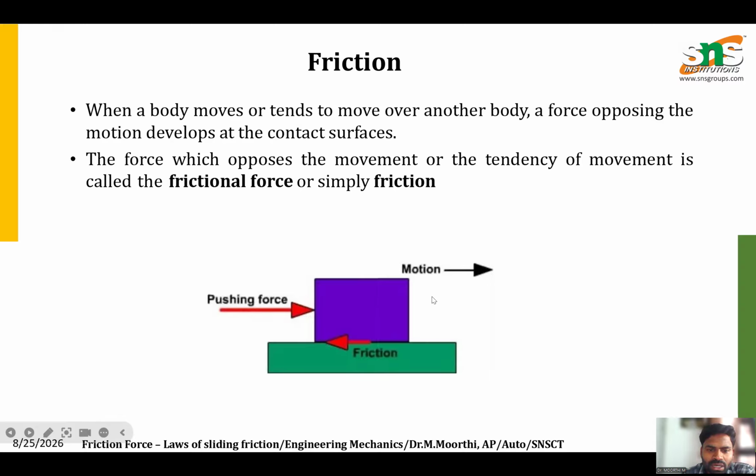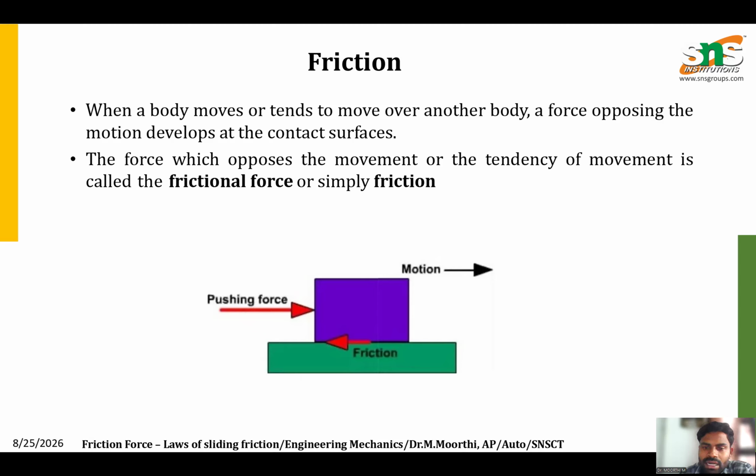Here we have an object placed over a horizontal surface, and an external force is acting on the object. It is called a pushing force, and it tends to move the object towards the right side. When the pushing force overcomes the resistance, called frictional force, the object will move in the direction where the force is applied.